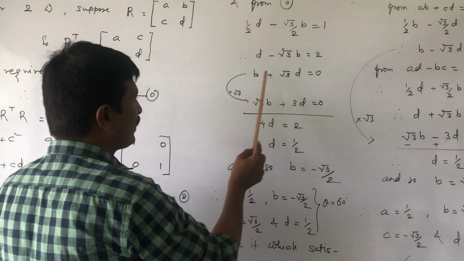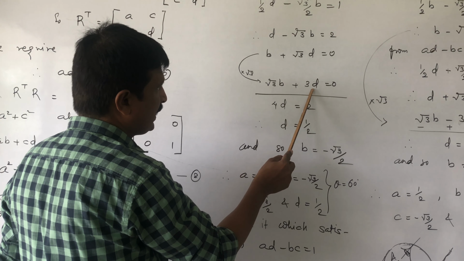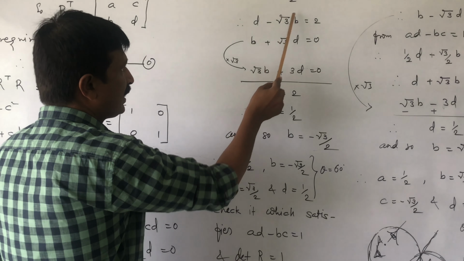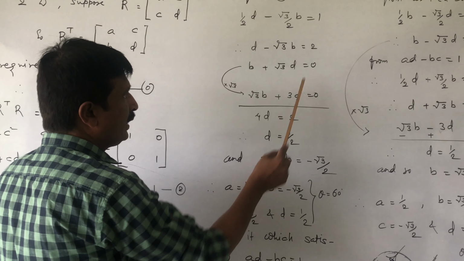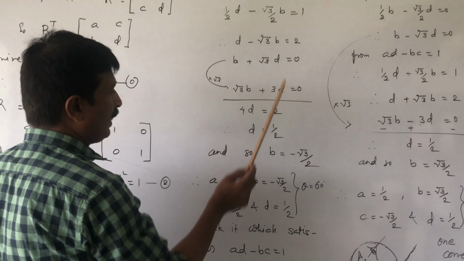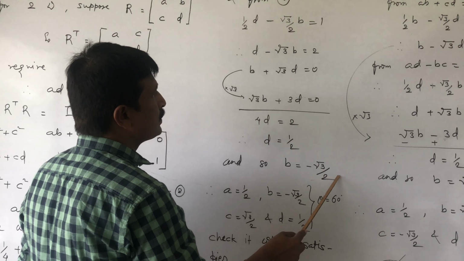Now we will solve these two equations. Multiplying this by root 3, we get root 3B plus 3D equal to 0. Now adding these two, this one cuts out, so D plus 3D is 4D, this is 2, so D is half. And if we put D is half in this equation, we get B is minus root 3 by 2.